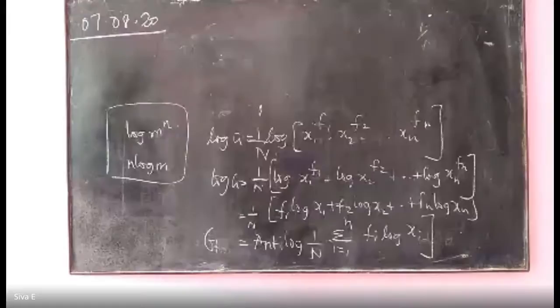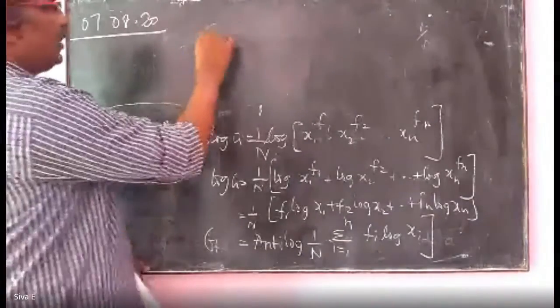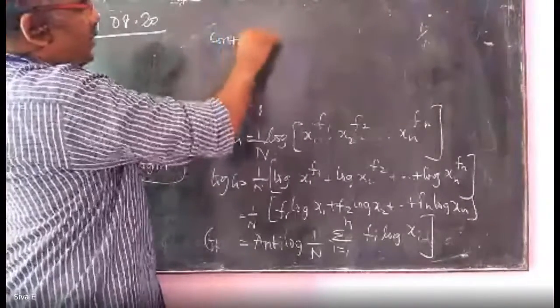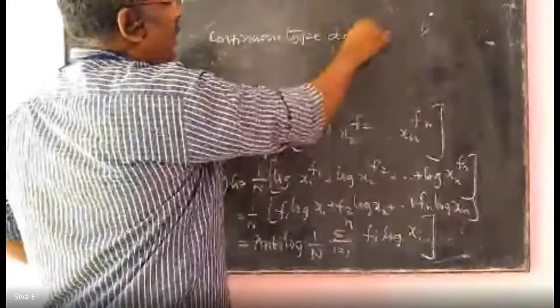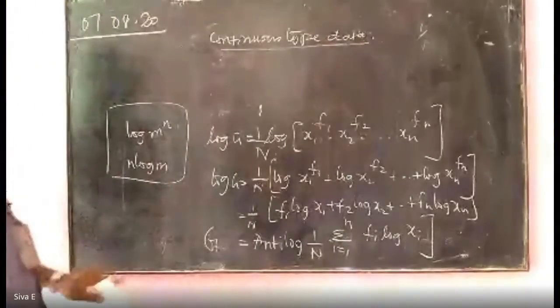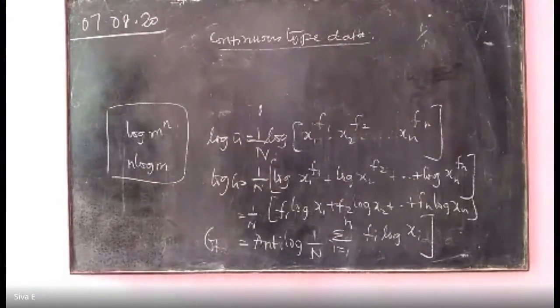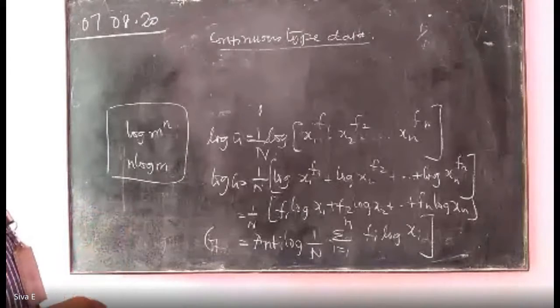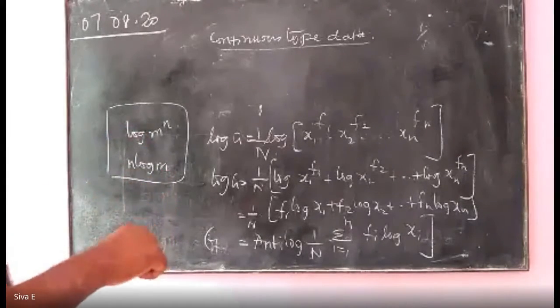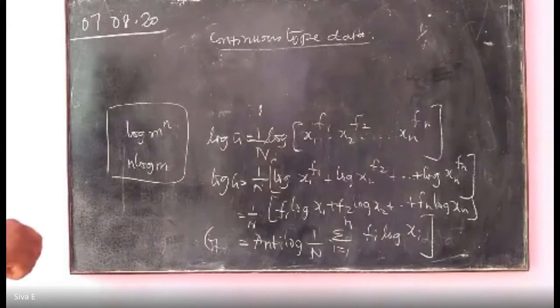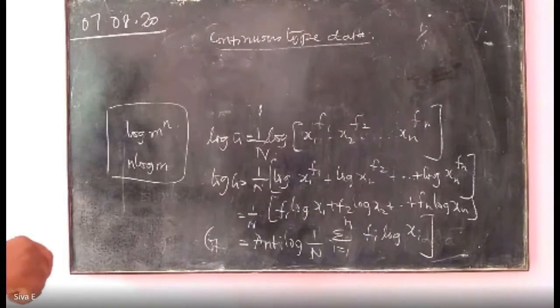See, for the continuous type data, we will do only one modification. What is the difference between discrete and continuous type data? For the discrete type data, x is a single number. For the continuous type data, x is an interval.